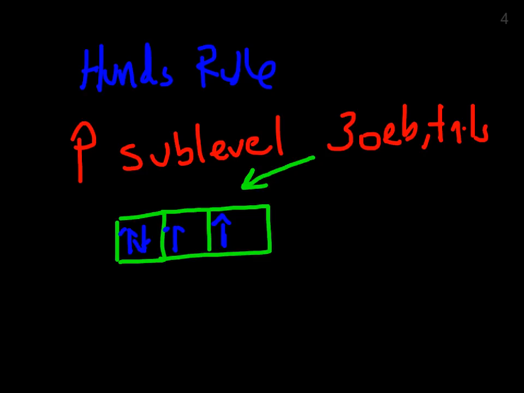And the electrons, in order to be in the same orbital, have to have opposite spins. I didn't draw that all that well, but it's an arrow going up and an arrow going down. So next video I'm going to talk more about these rules.